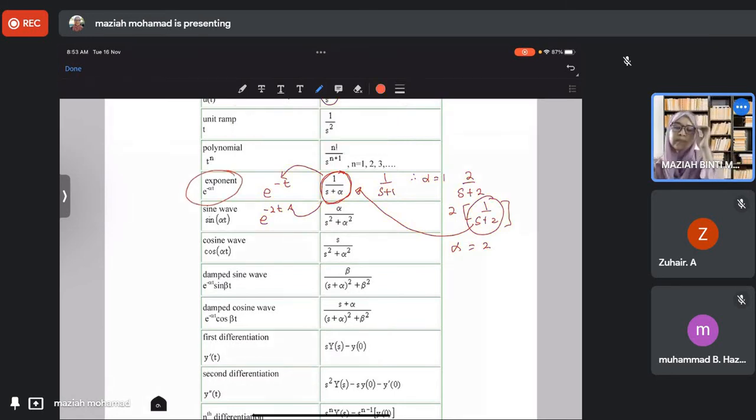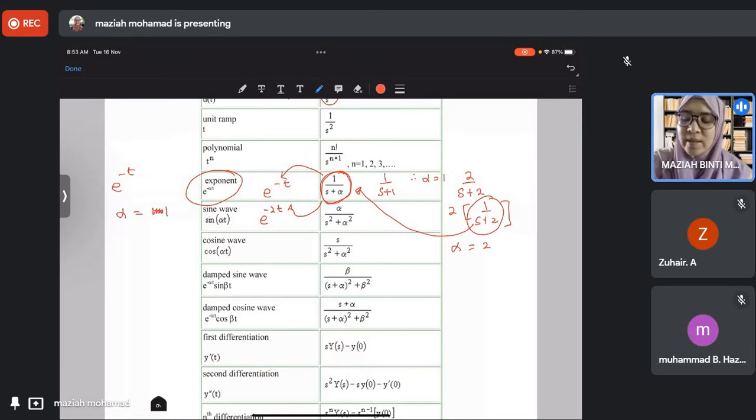Okay, exponent negative t. So here exponent negative t, right? Therefore, the alpha is minus 1. Minus 1 tu yang tadilah.